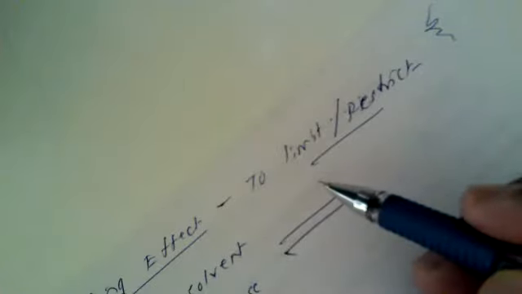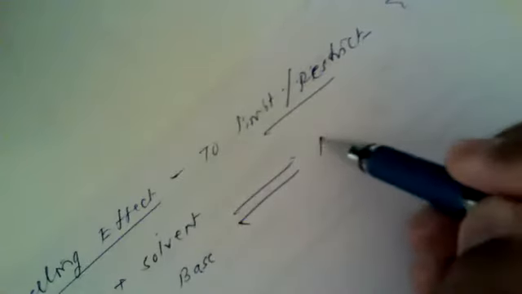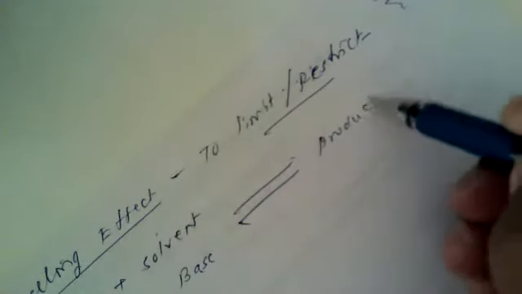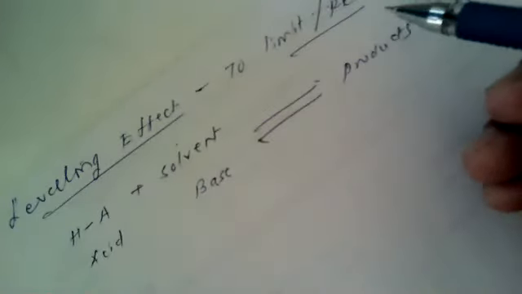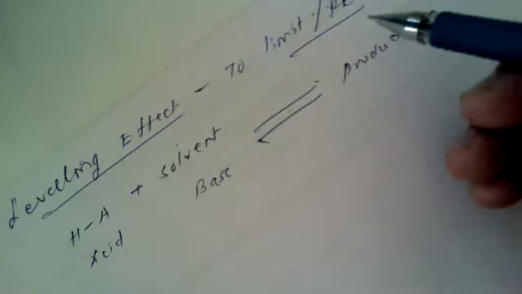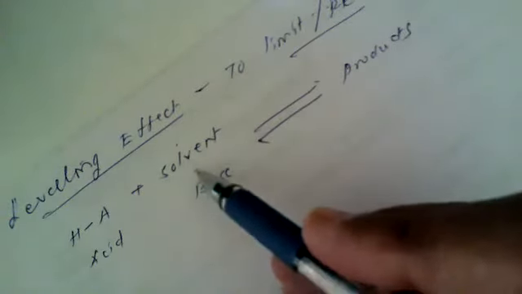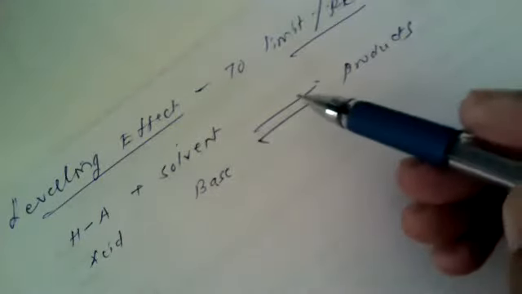Here, if we see the chemical reaction taking place between an acid and a solvent, that is a base, then they definitely form certain products. So when we carry out a chemical reaction, the acid, when added to any solvent, definitely forms a product.